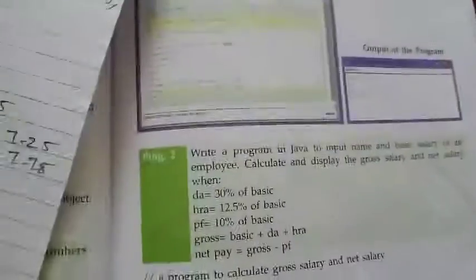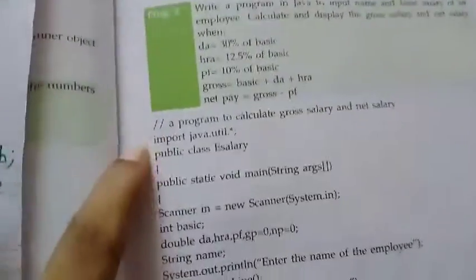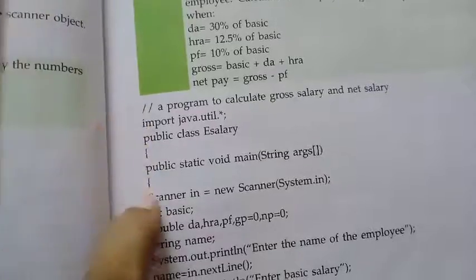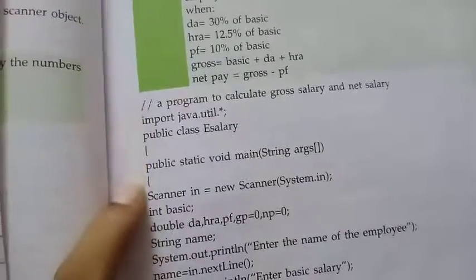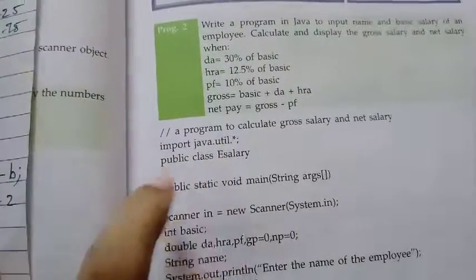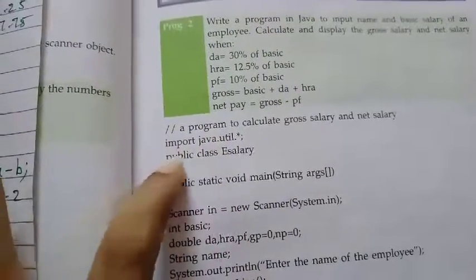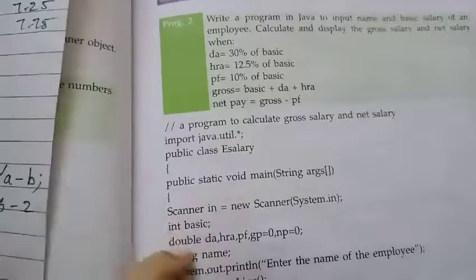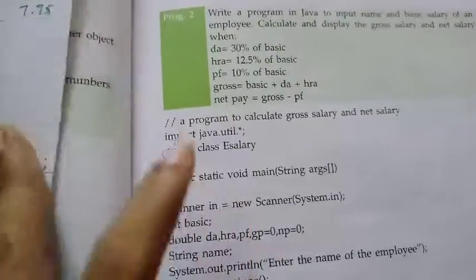These things are common in all the programs. First importing the util package, then your class name, then your void main function, then your scanner class declaration.